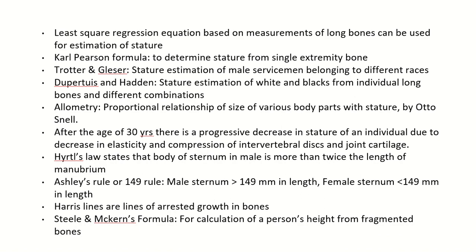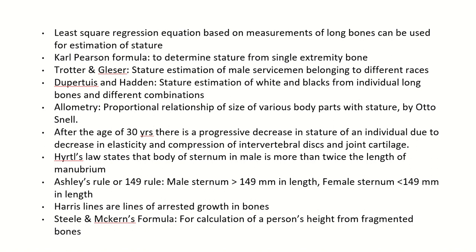The least square regression equation is used for stature estimation from long bones. Karl Pearson's formula is used to determine stature from a single extremity bone. Trotter and Glaser estimated the stature of male servicemen belonging to different races.